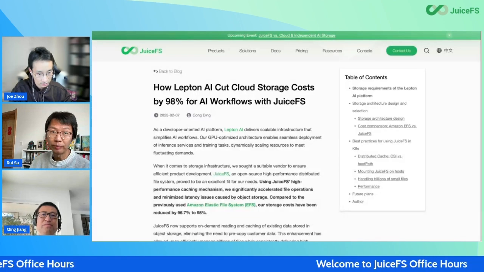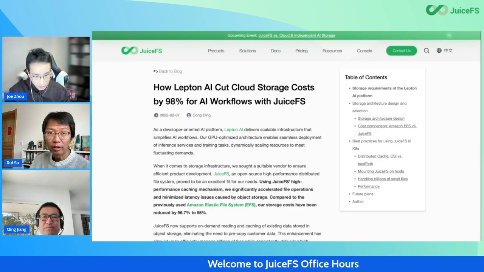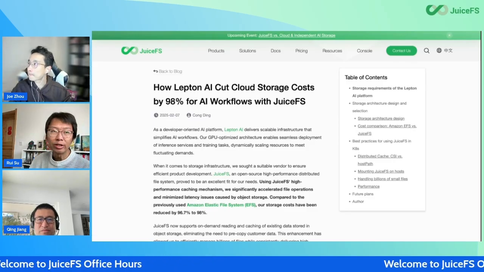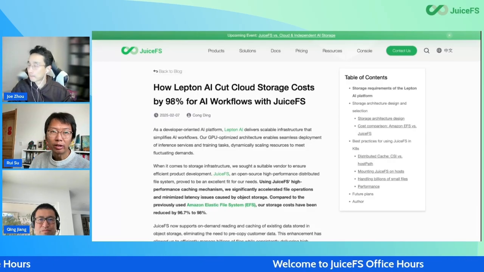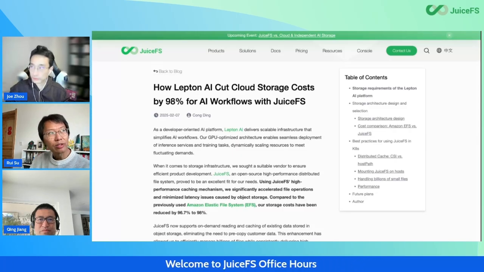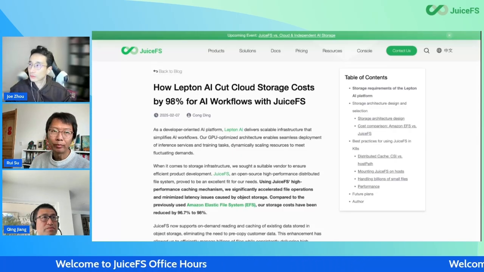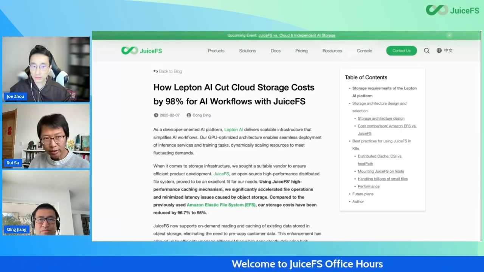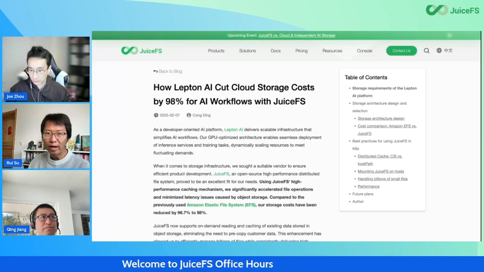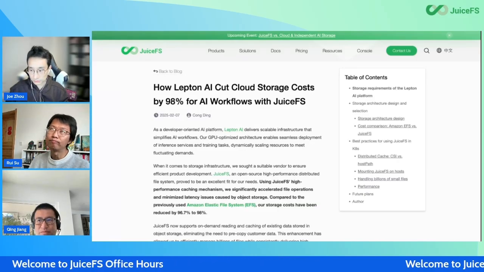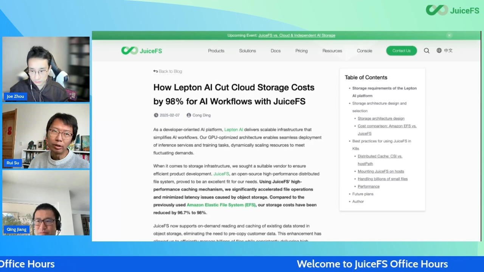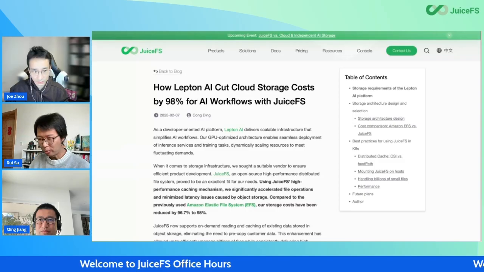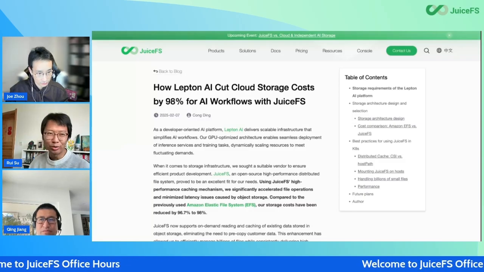It's another case study from Lifetime AI. They built a global inference engine, and at the beginning they used Amazon EFS to store their AI models, including some small and big models, but the inference is across regions and cloud providers. So they had to pay a lot of egress fees for networking, and they migrated to a JuiceFS and Cloudflare R2 solution.